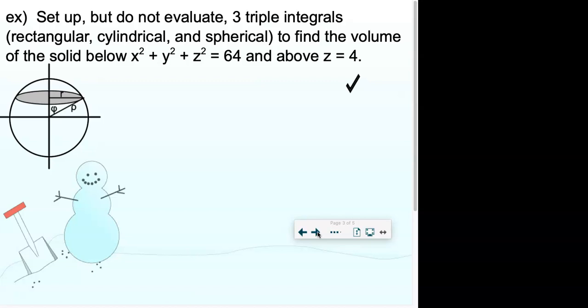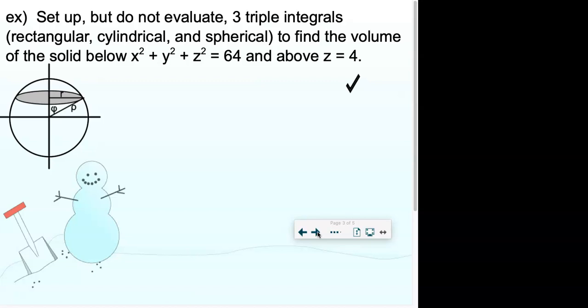It's parallel to the xy plane. And then you've got this dome part of the sphere that's being cut off by that plane. So it's like you're just finding the volume of just the ice cream that's on top of the cone.